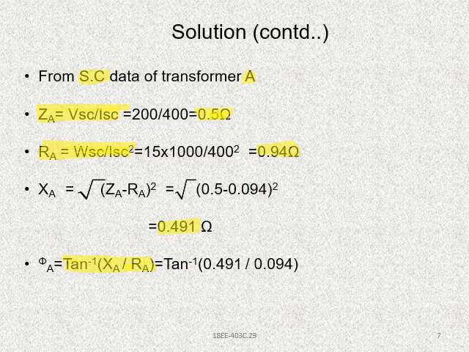You please just calculate it, whichever is the right one, and note down that one, and you will be getting the value of phi A of 79.1 degrees. So for this, if you just take the cos directly, you will be getting the power factor of transformer A, isn't it?